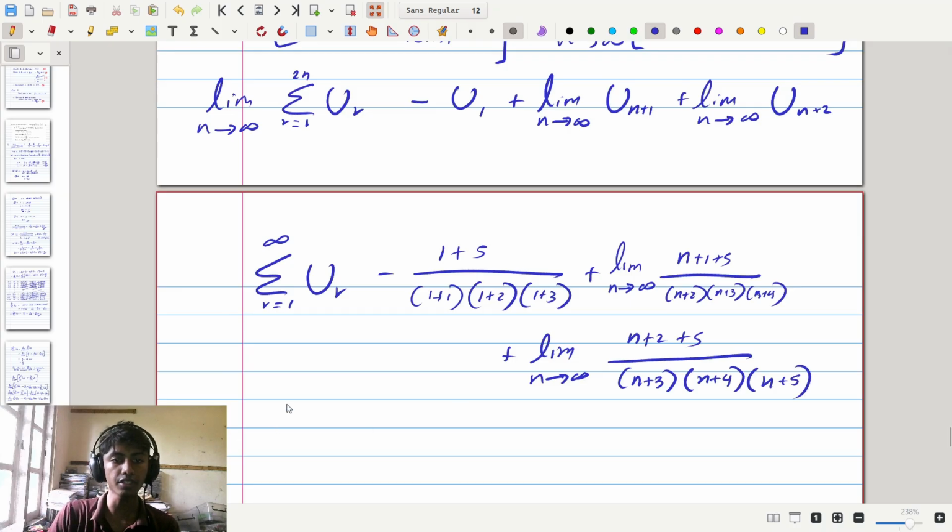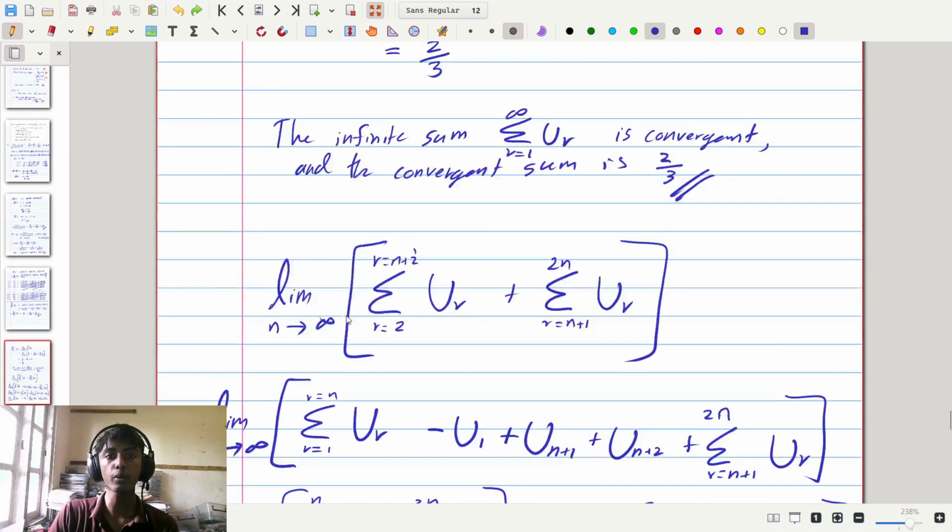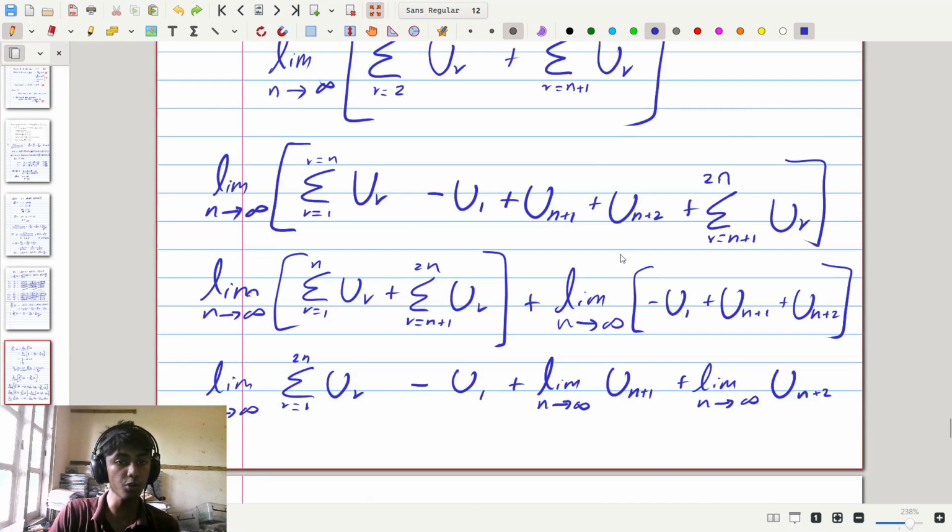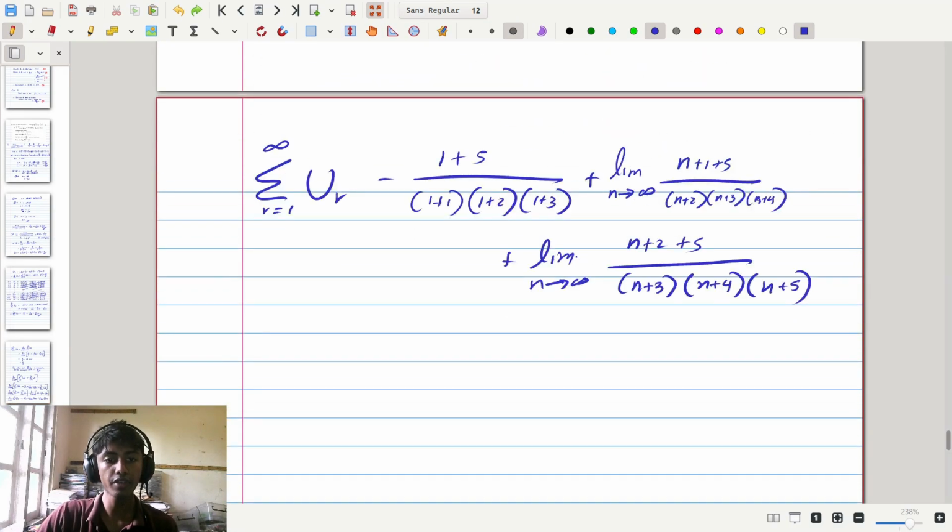Now here we can see the very first term is equal to the infinite sum that we had up here, which is 2 over 3. So if we substitute that, we have 2 over 3, and then we have 6 divided by 2 times 3 times 4. Cancelling these, we can see this gives us 1 divided by 4.